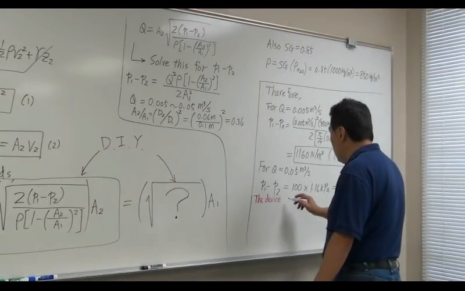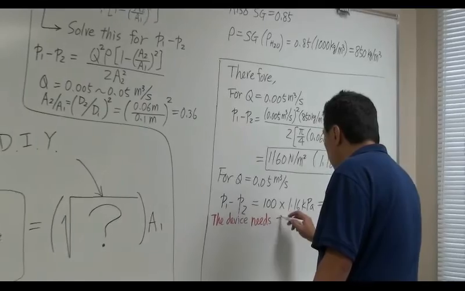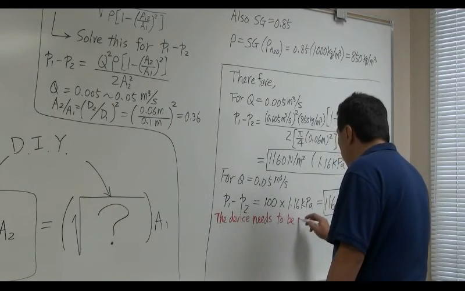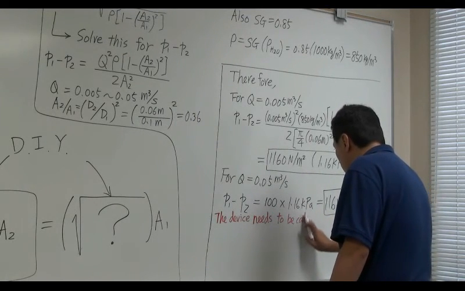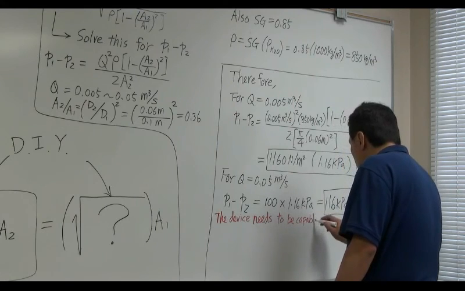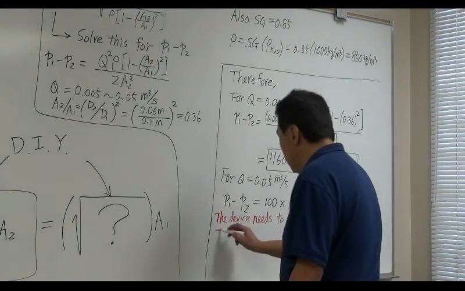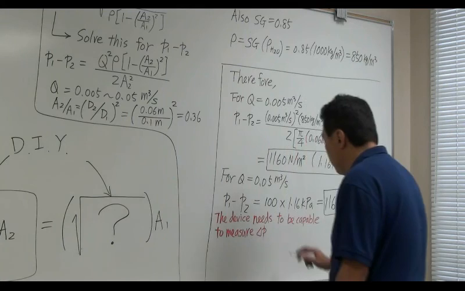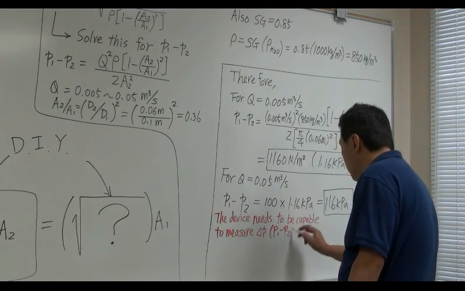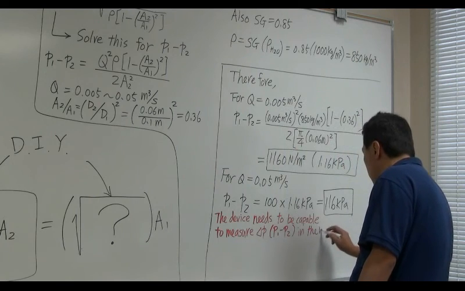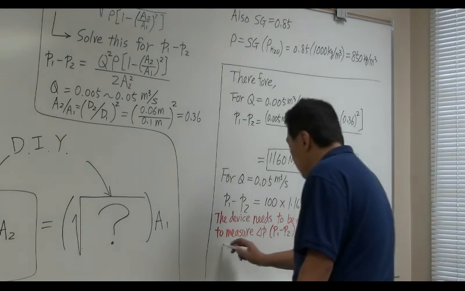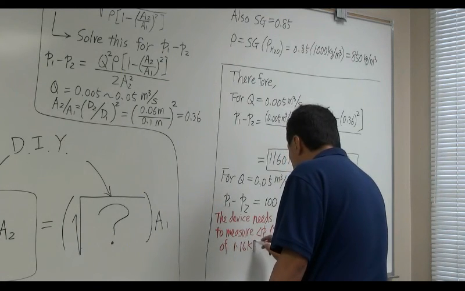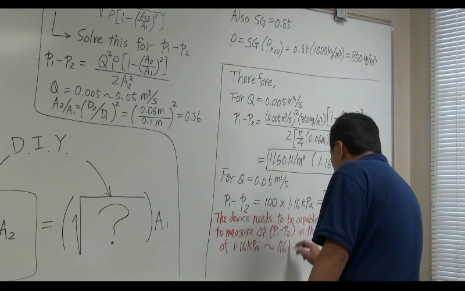Either one is fine, but the device needs to be capable of measuring delta P, the pressure difference, which is P1 minus P2, in the range of 1.16 kilopascal to 116 kilopascal.